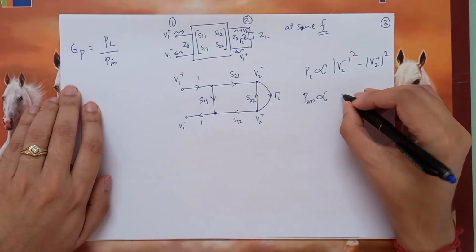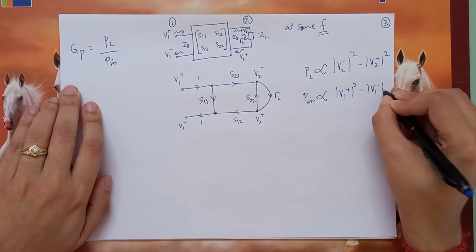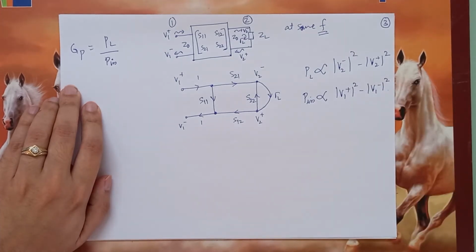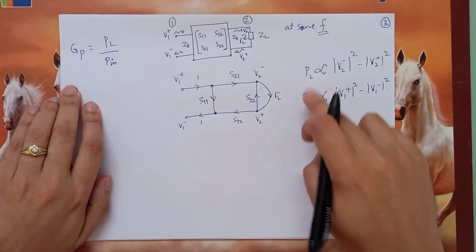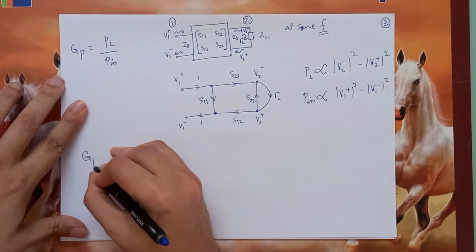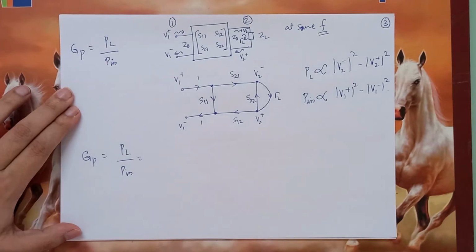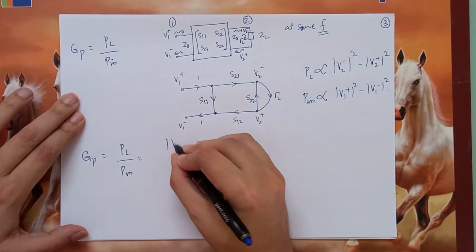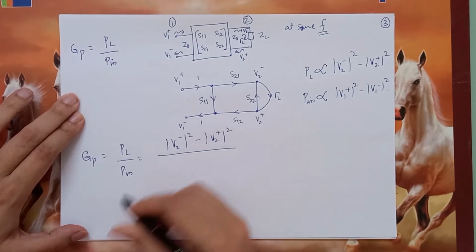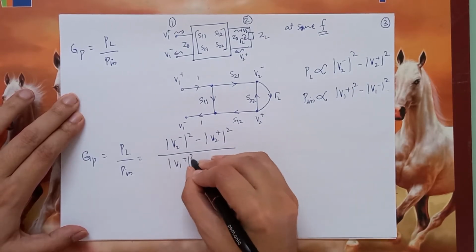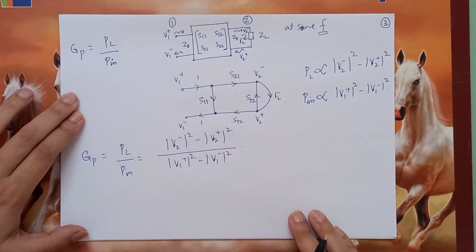So this will be proportional to mod of V1 plus squared minus mod of V1 minus squared. Since both are defined with respect to Z0, we can very easily take a ratio and say that GP is actually PL by Pin, and directly remove the proportionality sign and say that this is mod V2 minus squared minus mod V2 plus squared, divided by mod V1 plus squared minus mod V1 minus squared. Right?